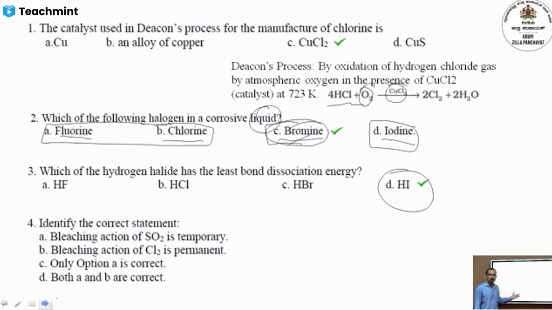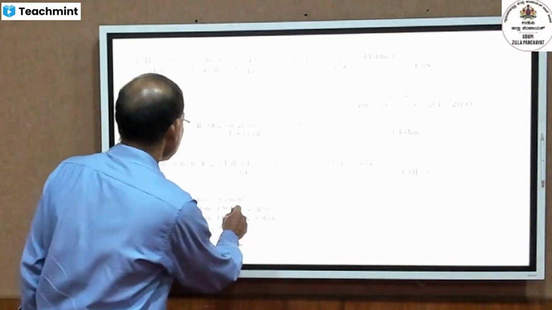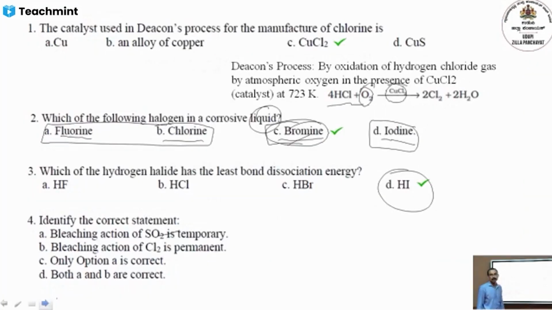And therefore, it is temporary. Whereas in the case of chlorine, the bleaching action is because of oxidation. And oxidation bleaching is always permanent. And therefore, the correct answer is the fourth one, both A and B.